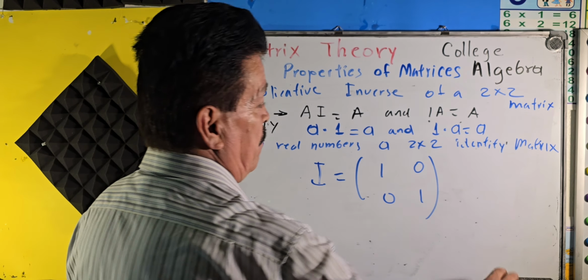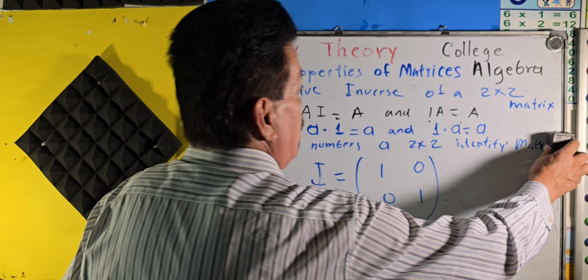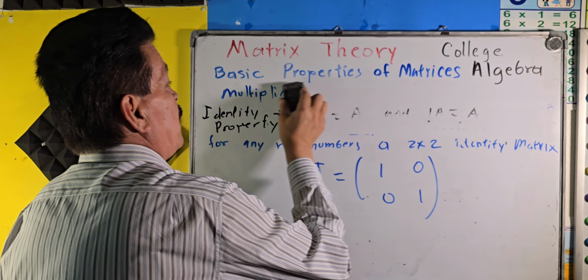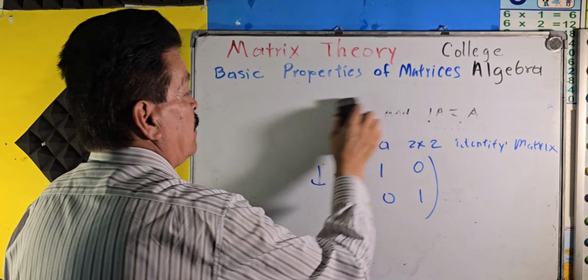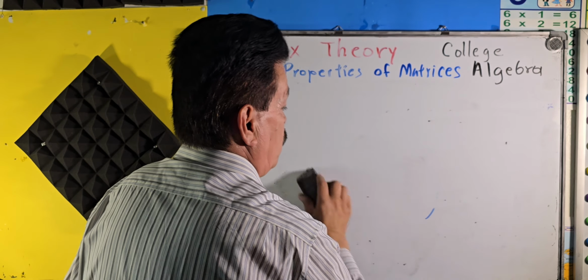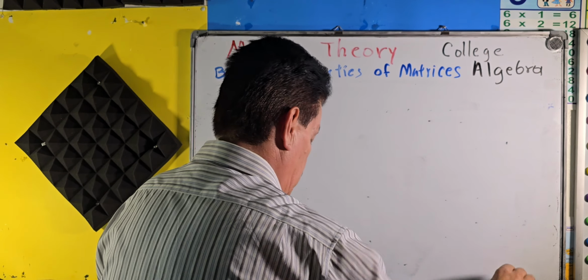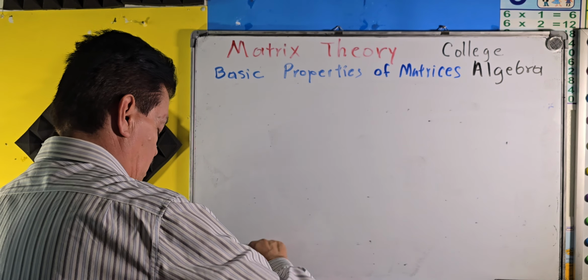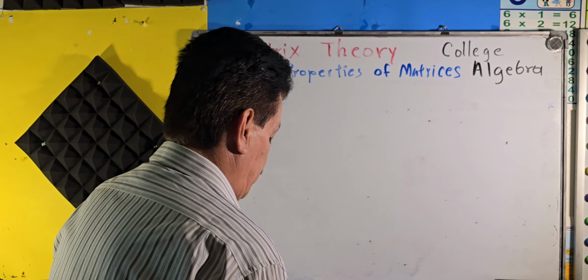Let's solve some problems using the identity matrix. How to solve the problem with the identity matrix? Let's write one example.